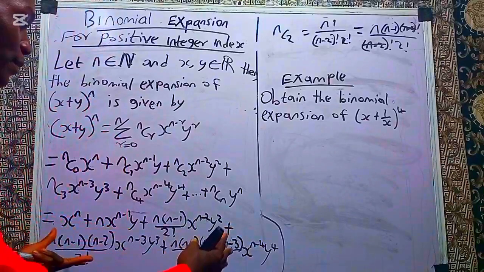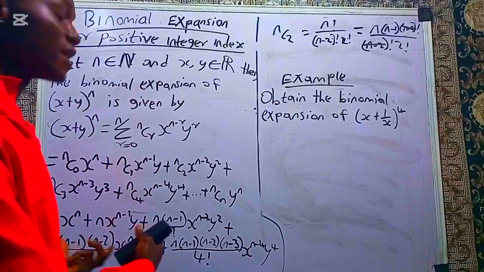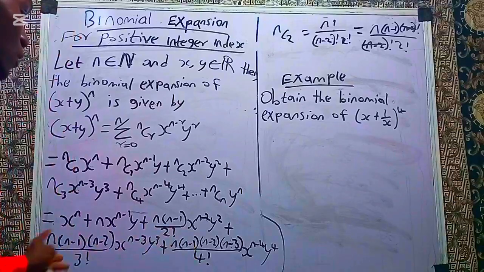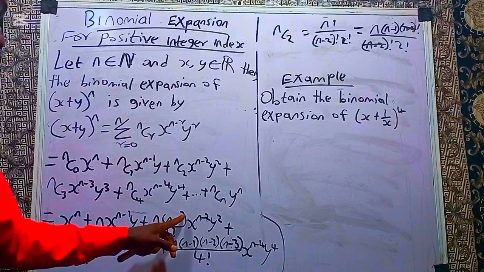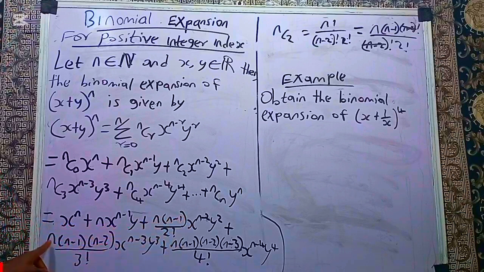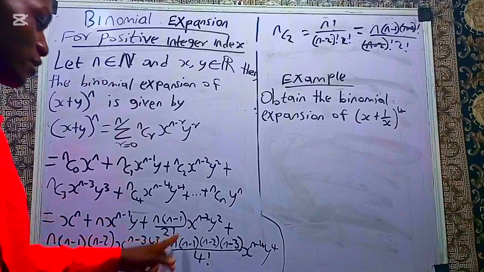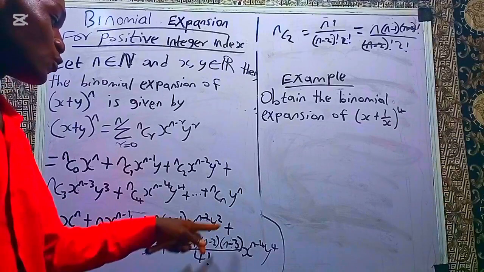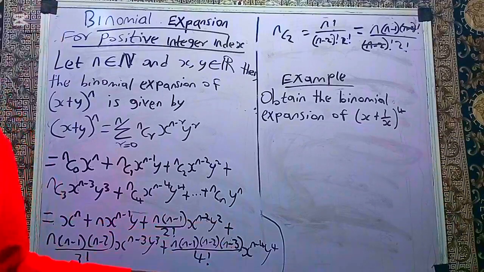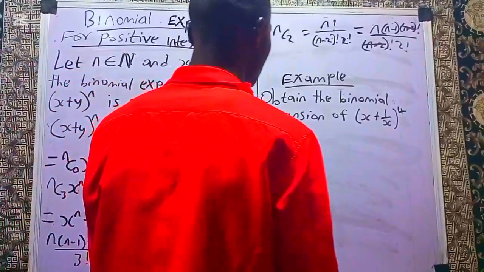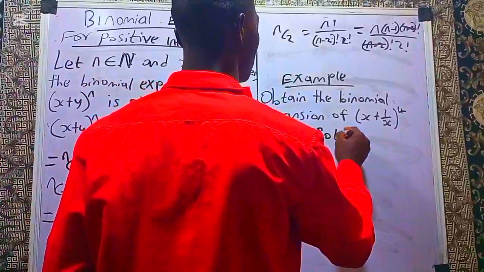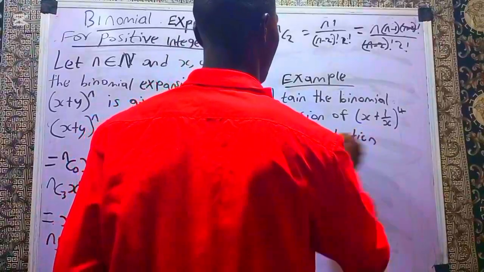This one I simplify because I prefer using this one since it's already in simplified form, and it has a pattern. After having n into n minus 1 over 2 factorial, next one will be n into n minus 1 into n minus 2 over 3 factorial. Next one will be n into n minus 1 into n minus 2 into n minus 3 over 4 factorial. That's how it goes.